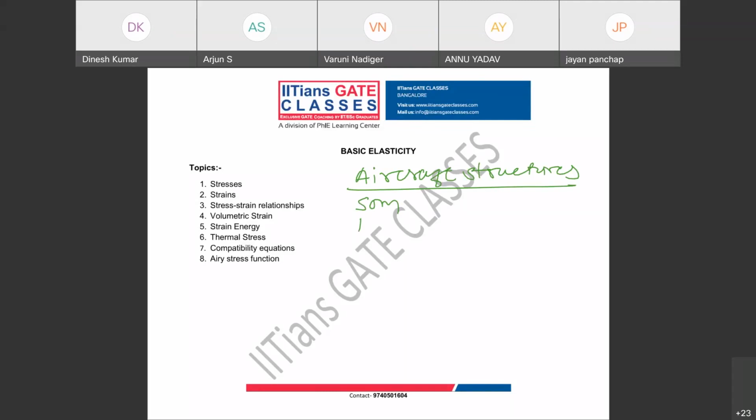Then we have thin walled structures, and then we have mechanical vibration. So this is how the GATE syllabus is organized.